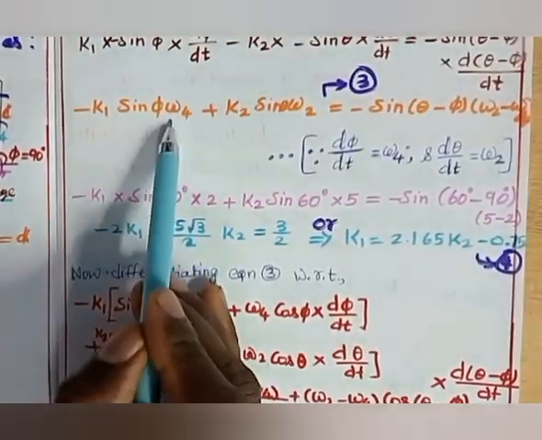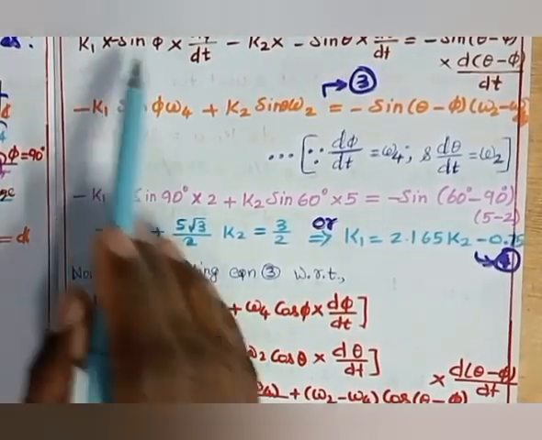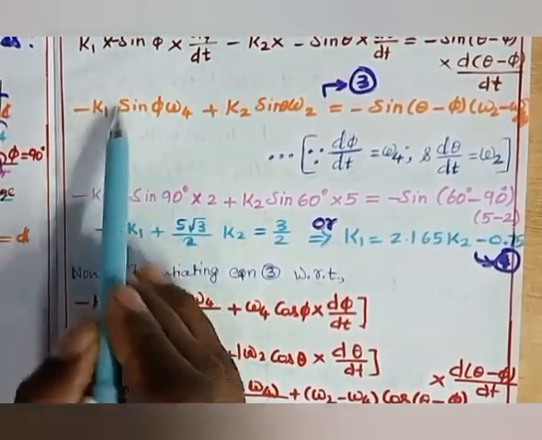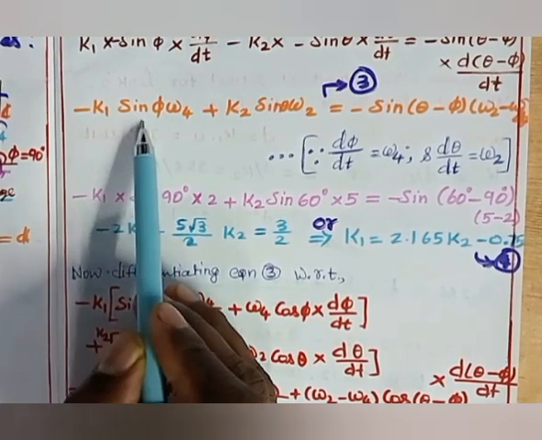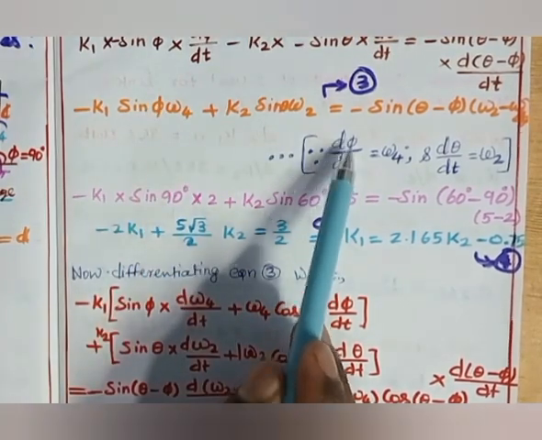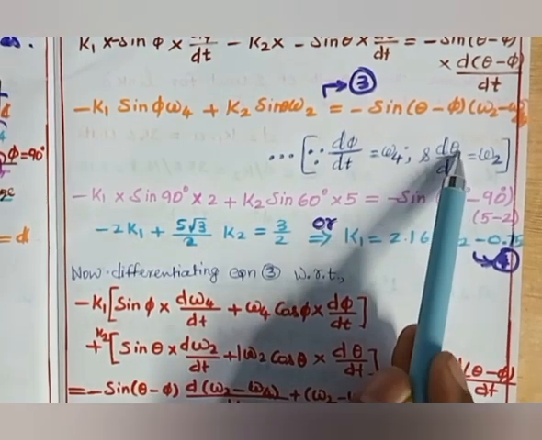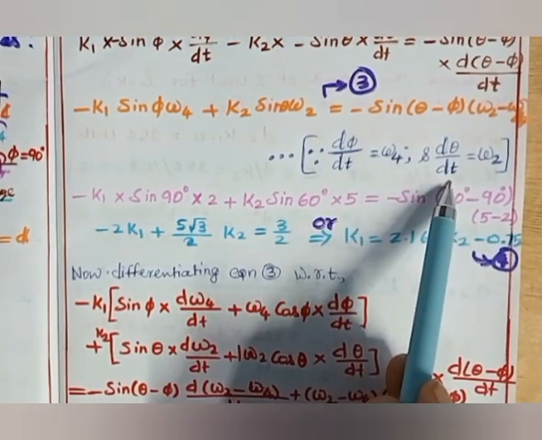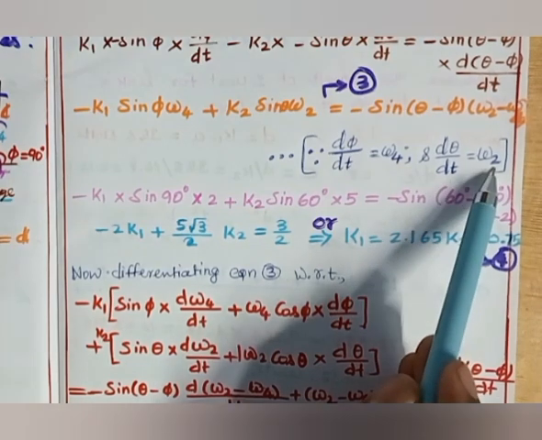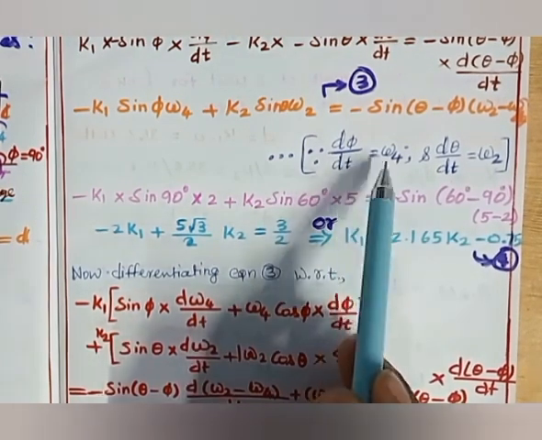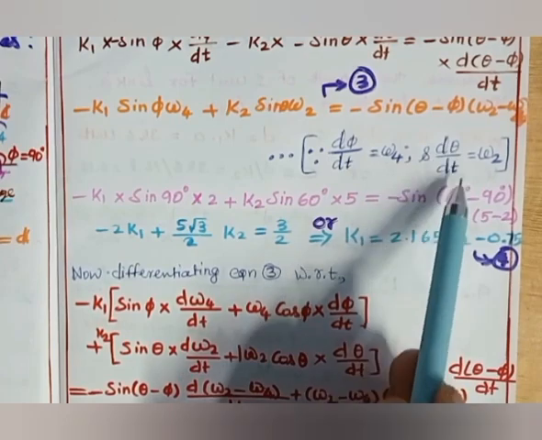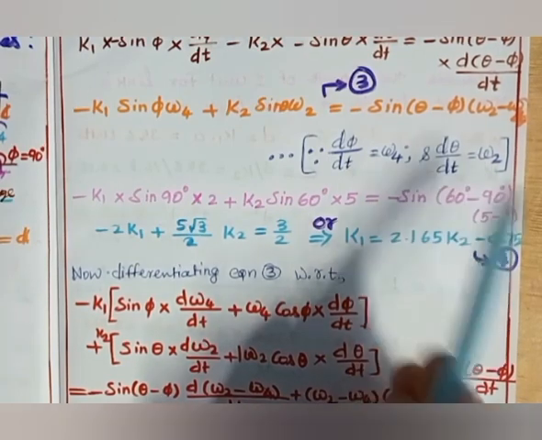Now k1 sin phi omega 4. Just rearrange the equation: k1 sin phi omega 4, because differentiation of phi with respect to dt is known as omega 4, and differentiation of theta with respect to dt, the time, equals omega 2. So phi differentiated we obtain omega 4, and theta differentiated we obtain omega 2.